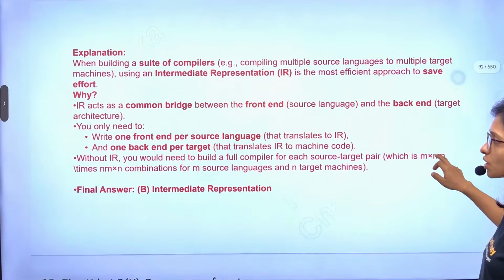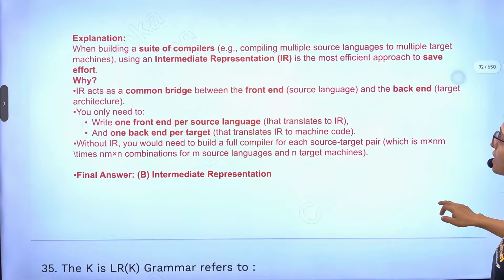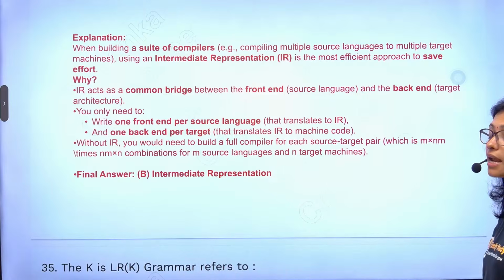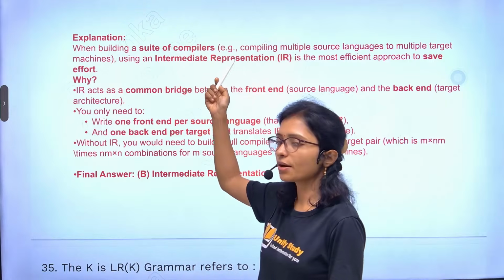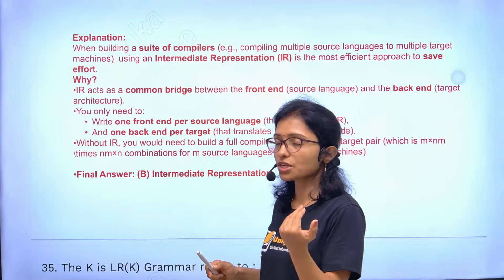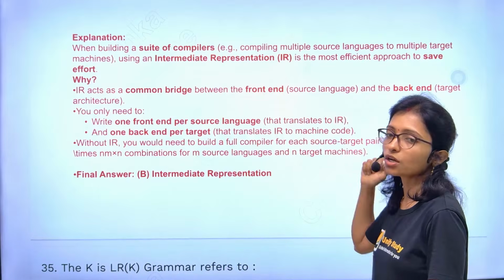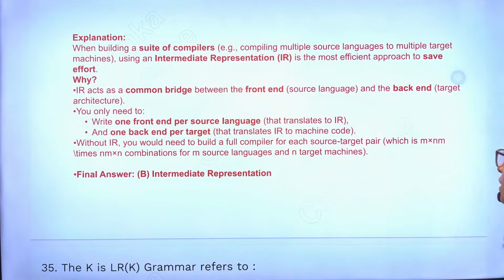Because building a suite of compilers means compiling multiple source languages to multiple target machines. That is the meaning of a suite of compilers. That you also need to know, right? For one question you have to know all the concepts behind it. So using an intermediate representation, that is IR, is the most efficient approach to save effort.